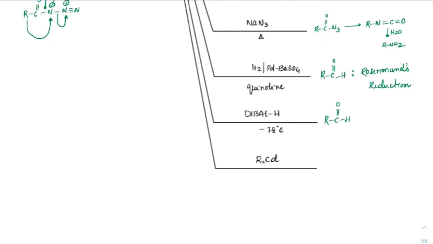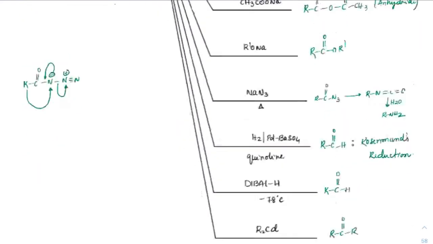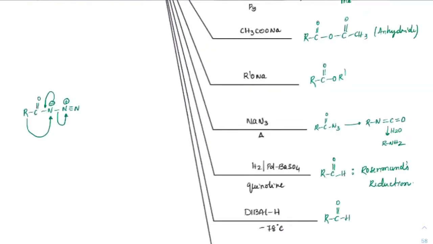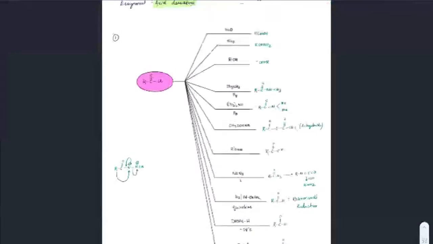R2CuLi is a very weak nucleophile, so it cannot go beyond aldehydes or ketones. So the reaction will end up at ketones. Okay. Any doubt here? Please check this.